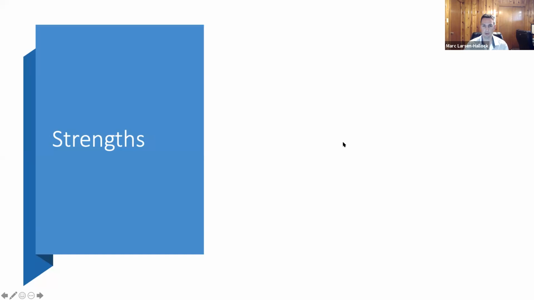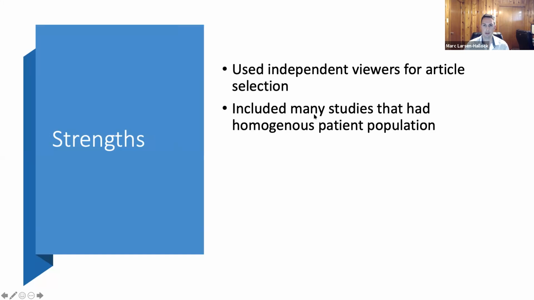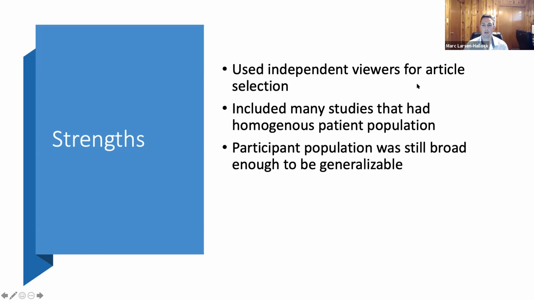And so I'll take you through some of the ones that I thought were important, if I can bring it up here. They used independent reviewers for the article, which is really important because sometimes you can have just one person do it all, and that brings in a lot of bias by themselves. And they included a lot of studies that had a homogeneous patient population.